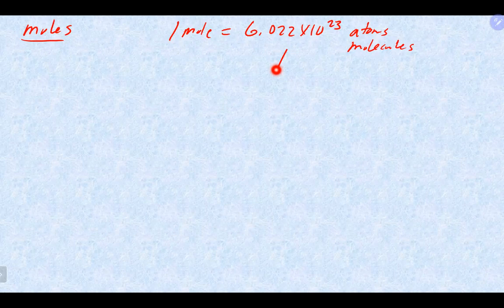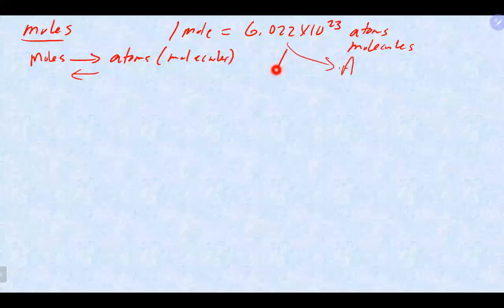We can use any units, but atoms and molecules come up the most. It is our conversion factor to go between those units. So if you have moles and you want either atoms or molecules, we use Avogadro's number to do that. And that's what this number represents.